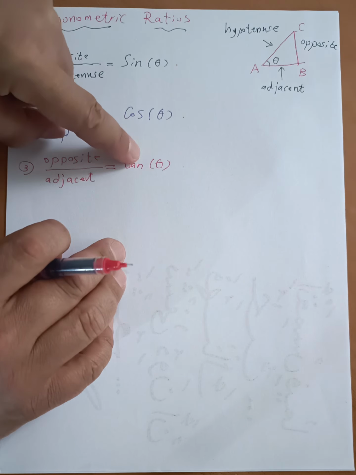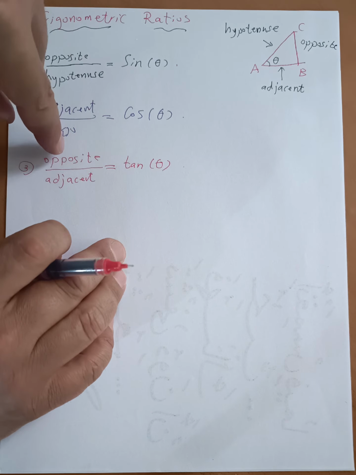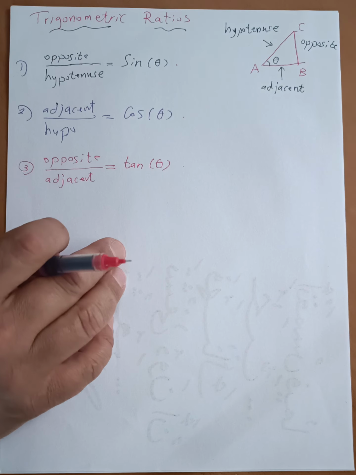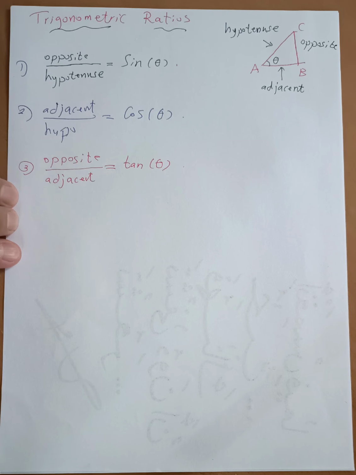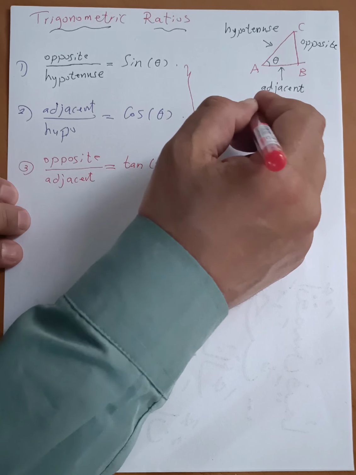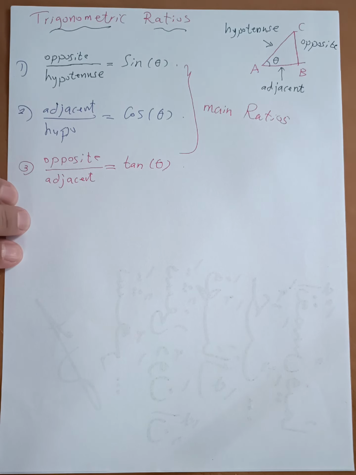But if I divide the opposite by the adjacent, I will get another ratio. I will call it tan of theta. Dear students, these are the main important ratios. You have to keep them very well.